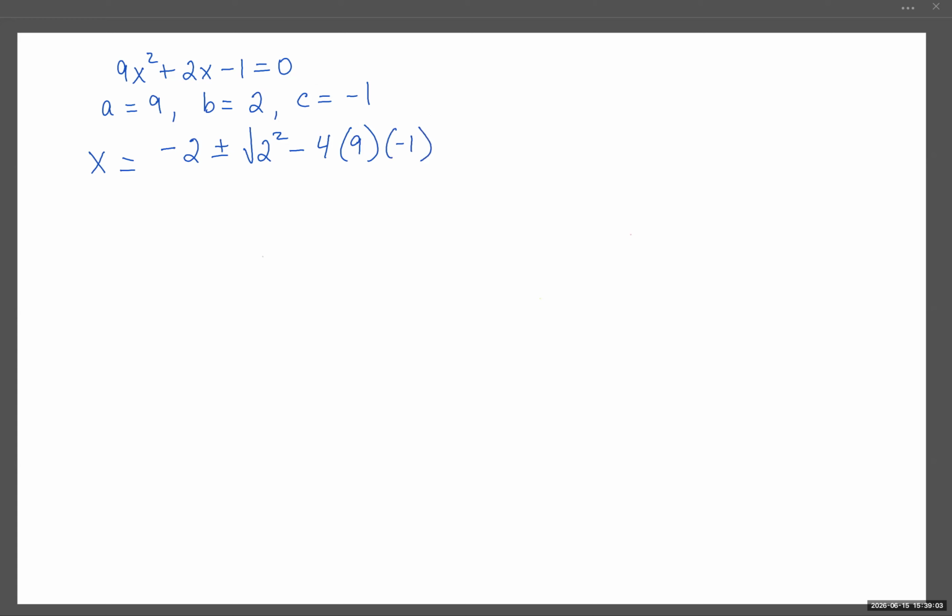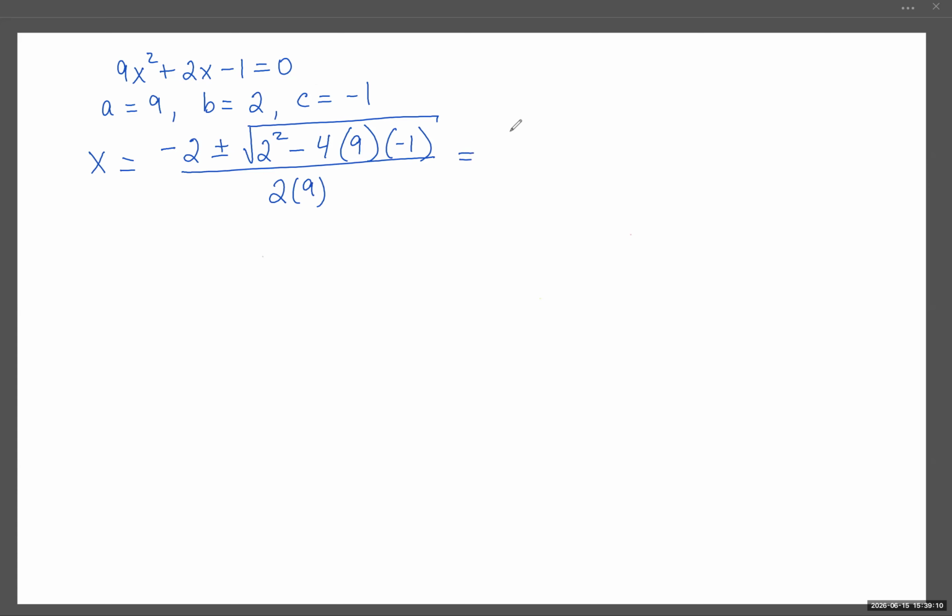So on this one, 9x squared plus 2x minus 1 equals 0. We're still looking for exact, fully simplified solutions. So a equals 9, b equals 2, c equals -1, x equals minus b, so -2 plus or minus square root of b squared, so 2 squared, minus 4 times 9 times -1, divided by 2 times 9.